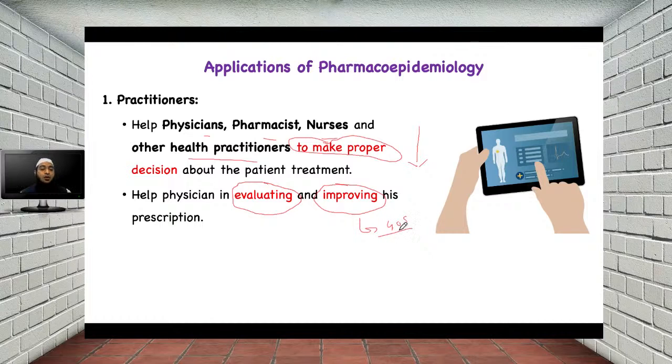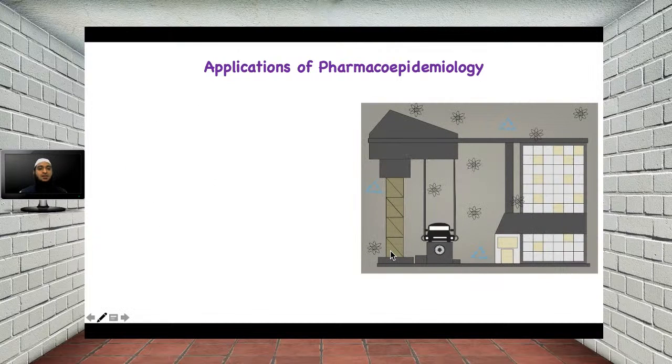Okay, so this is how you filter your prescriptions. Now you have identified the risk, so instead of oral contraceptives, you can start prescribing some other method of contraception. So this helps physicians in evaluating and improving their prescriptions.